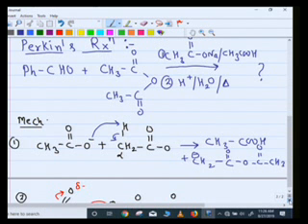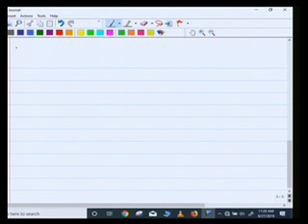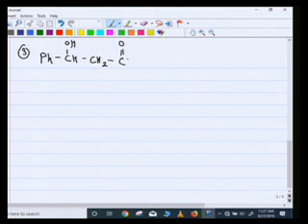Okay guys, let's move on to step number 3. We have reached up to this step: PhCHOHCH2C=O with OCOCH3.